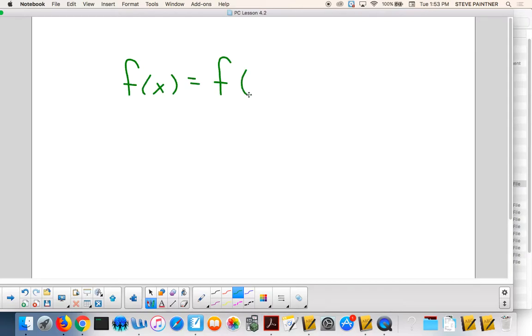Switch x to negative x. Switch y to negative y, correct? Okay. All right, here we go. Sine of 30. That's x, but I'm going to put a negative out front. Equals, now I'll do what?